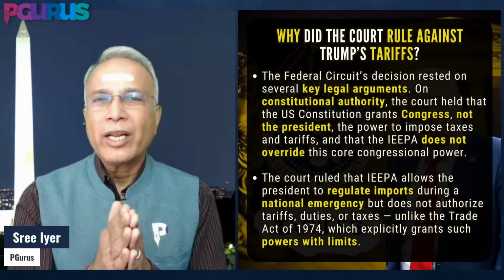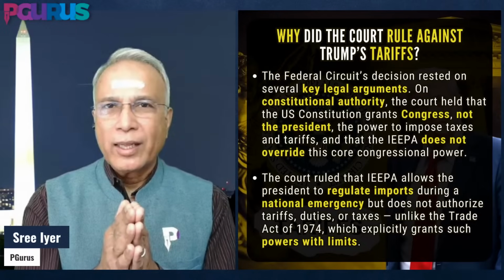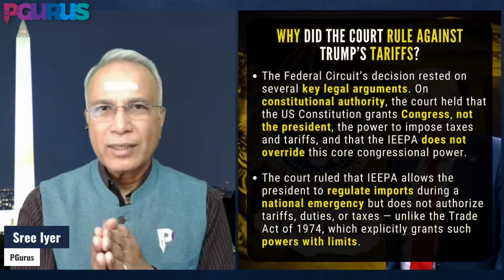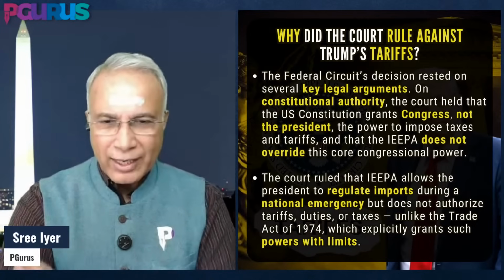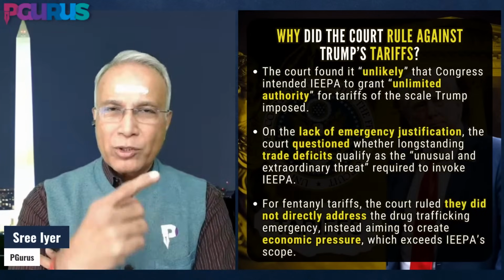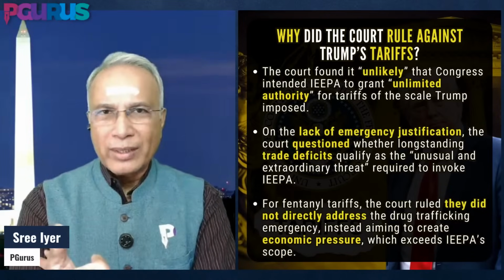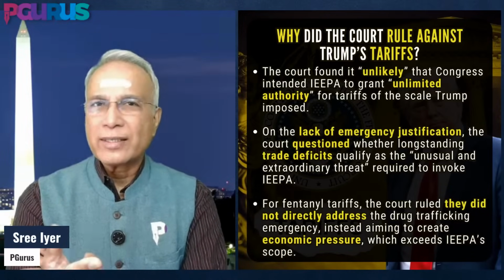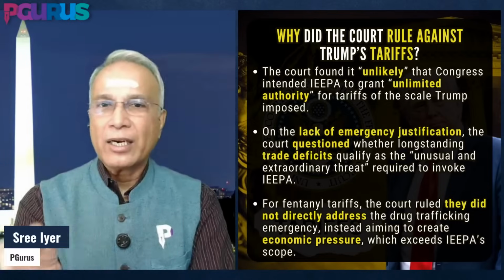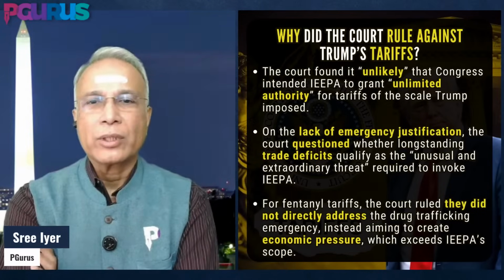Could the verdict from the appeals court have been different if the Trump administration had used the Trade Act of 1974? Well, that's again something that the Trump administration may be keeping in its back pocket. Should the SCOTUS also side with the appeals court and say you cannot levy these tariffs, then Trump may come back in a different way. Let's wait and see how that goes.